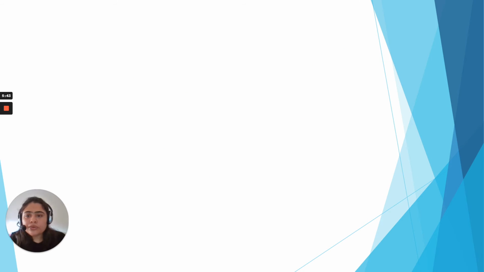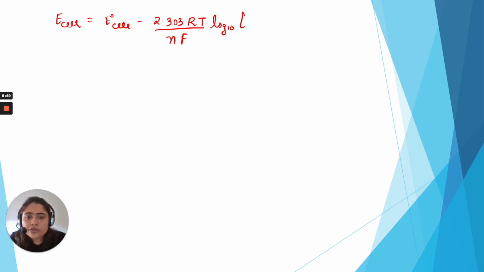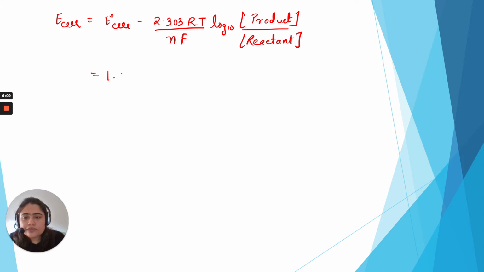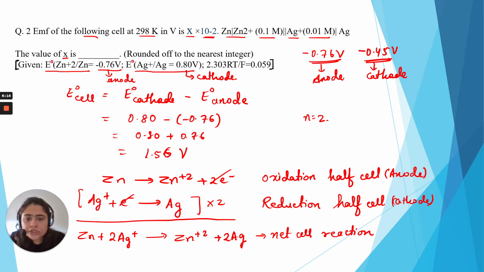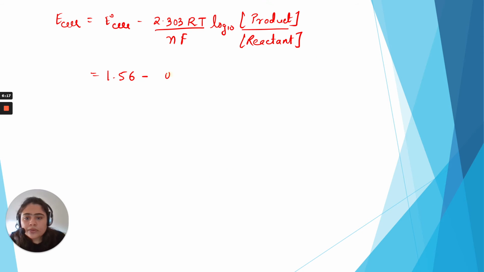Now according to the Nernst equation, we know that E of the cell is given as E naught cell minus 2.303 RT by nF log 10 of concentration of product by concentration of reactant. E naught cell we have found is 1.56. 2.303 RT by F value is given in the question, you can see 0.059. n value is 2.